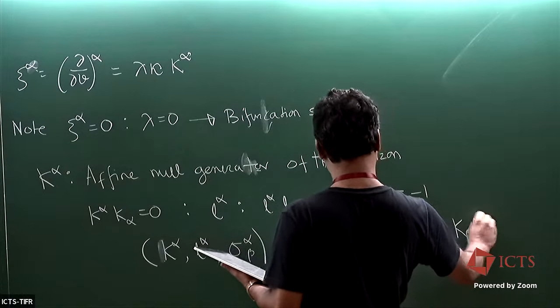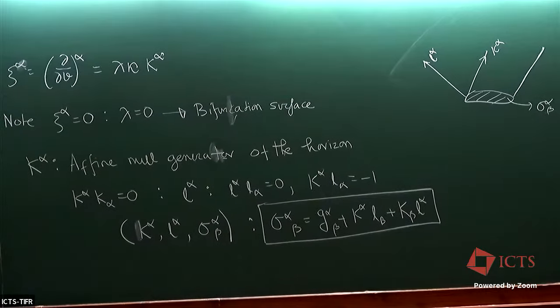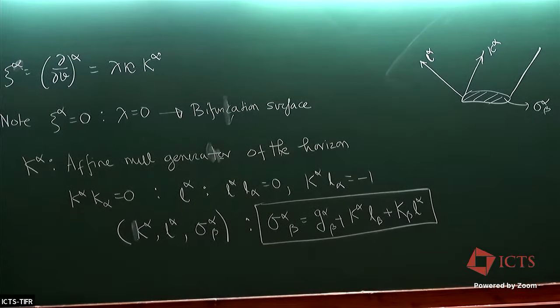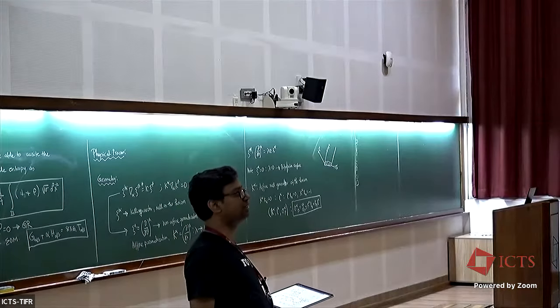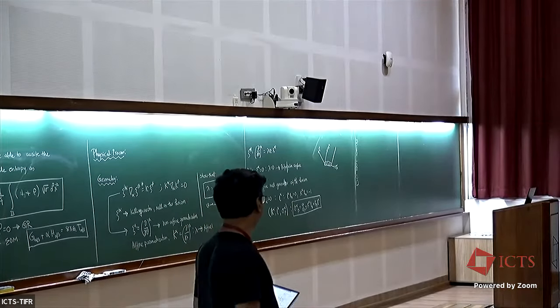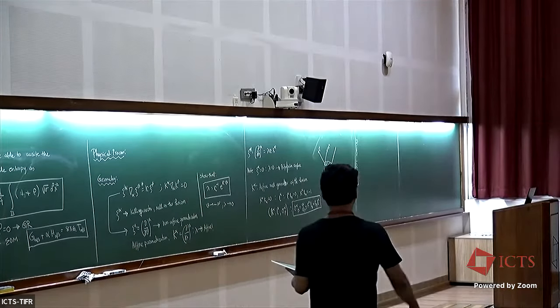This is the d minus 2 surface. I defined some vector K and another null vector L^α, which is outside the horizon, and on this I have sigma_αβ, very crudely speaking. So I've achieved what is called a d minus 2 plus 2 decomposition. This is the structure of my geometry, and lambda equal to 0 is my bifurcation surface.